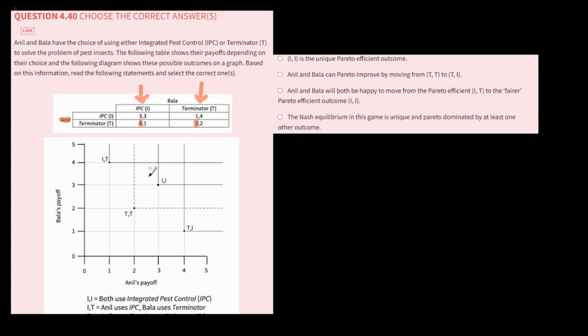Great. Let's switch it around. Let's now be Bala. What is Bala going to do if Anil goes IPC? What's Bala's best response? Well, again, we're either looking at a payoff of 3 or 4. 4 is a better payoff, so Bala would go Terminator if Anil goes IPC. And then if Anil goes Terminator, what's Bala's best response?